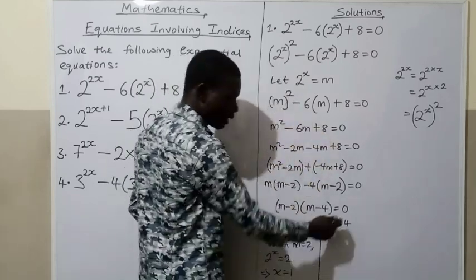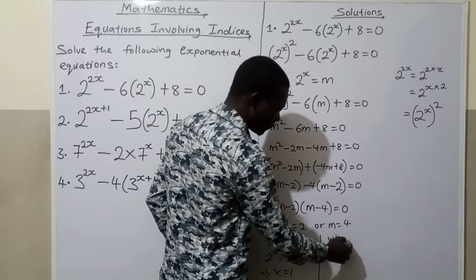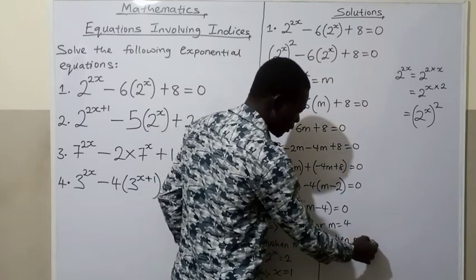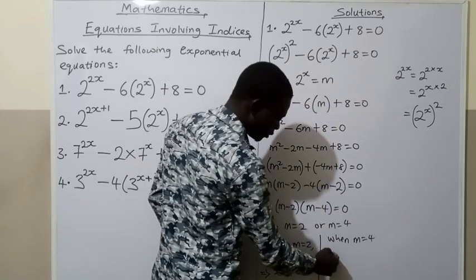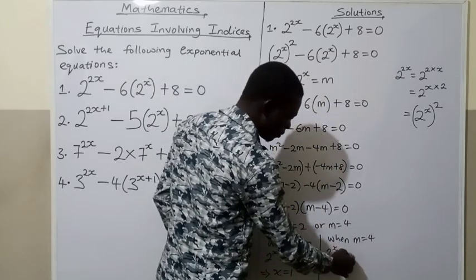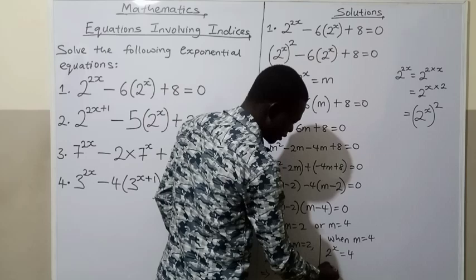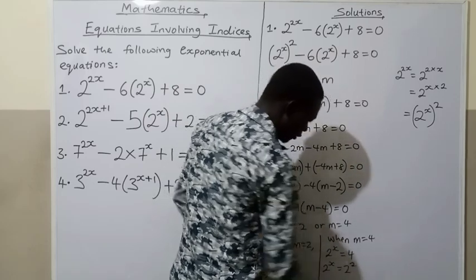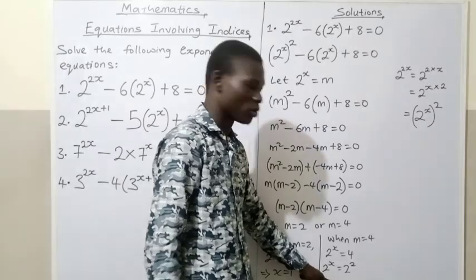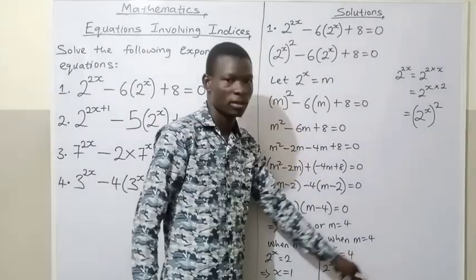Now the other one, when m equals 4, that tells us from this idea also, 2 raised to power x must be equal to 4, and that says 2 raised to power x must be equal to 2 raised to power 2. And of course, you can see that the two bases are exactly the same. So what do we need to do? We just need to equate their powers.